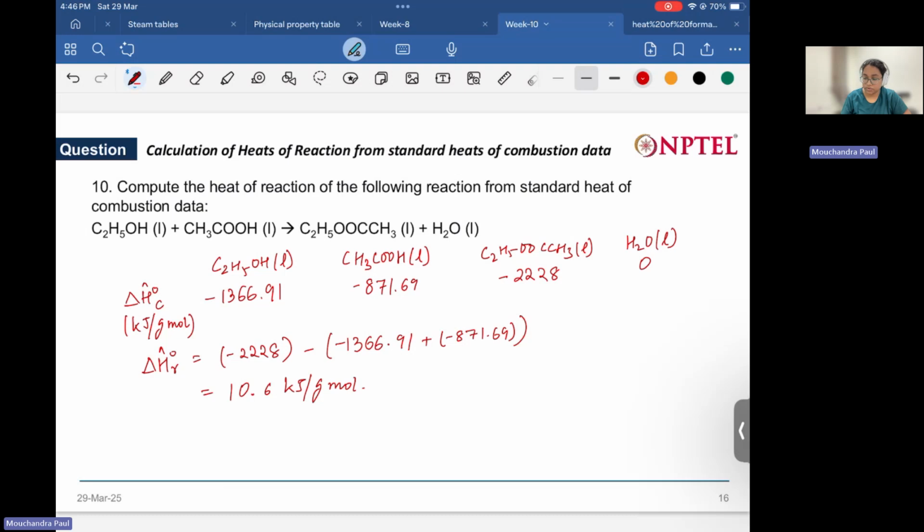This is the heat of reaction you would get from the heat of combustion data.